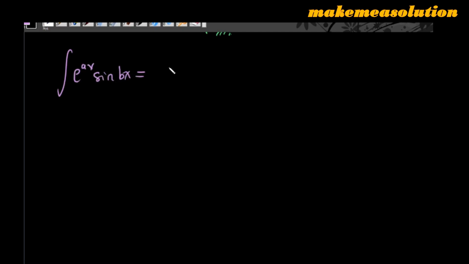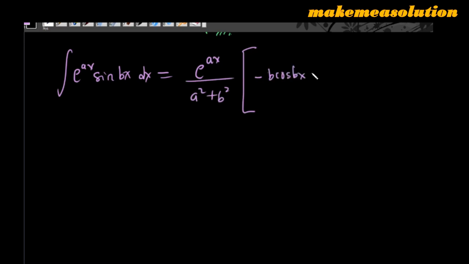When you integrate exponential ax sine bx dx, you're going to get exponential ax divided by a square plus b square, then into minus b cos bx plus a sine bx. Okay, so this is a reduction formula plus your constant of integration plus c.